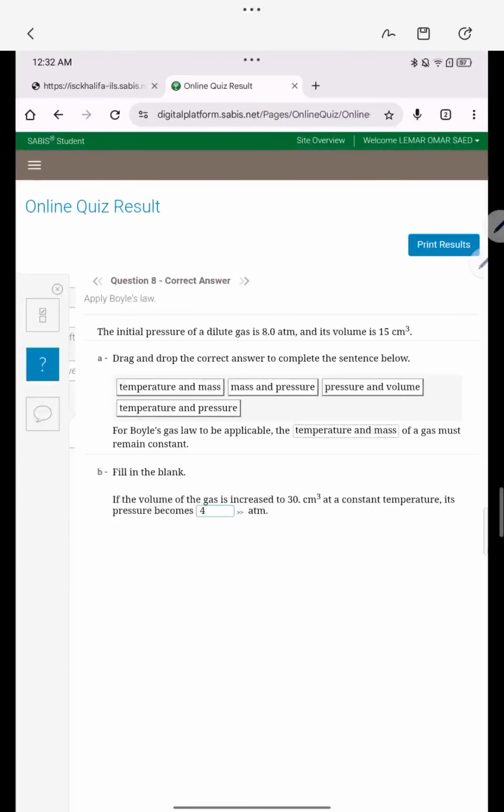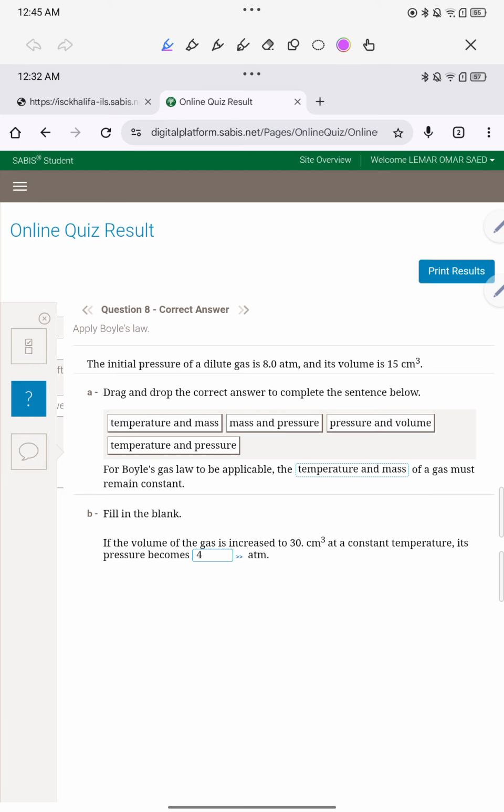Question 8, also Boyle's law. Here they're telling you Boyle's gas law. So basically temperature and mass remain constant in Boyle's law. Okay, now they're telling you the initial pressure. So this is P1, this is V1, this is P2.